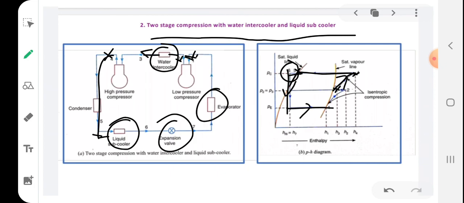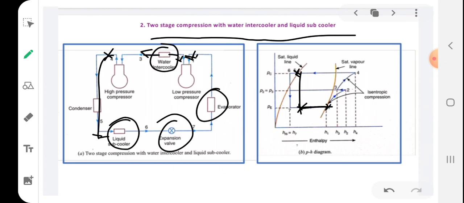7 to 1 is evaporation. So why is this undercooling or liquid subcooling applied? You have already learned that idea in the previous module. If the liquid refrigerant was expanded from this portion itself, the refrigeration effect that we may get to cool the refrigerator space will be only this much.